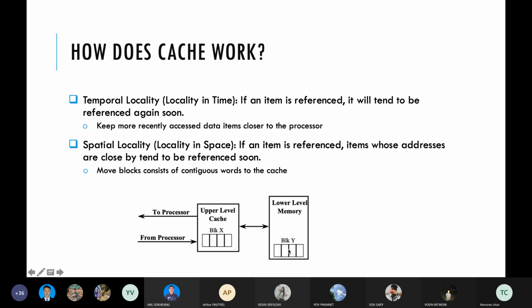In here, you see block X and block Y. And normally your cache has many blocks, but compared to the main memory, the main memory has a lot more blocks than the cache. That's because the main memory has a much bigger space compared to cache. Anyway, the size of a block needs to be the same.